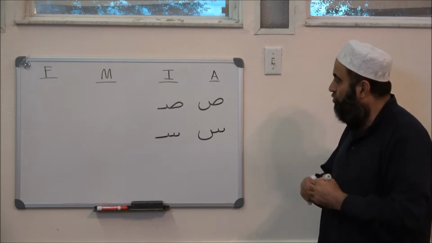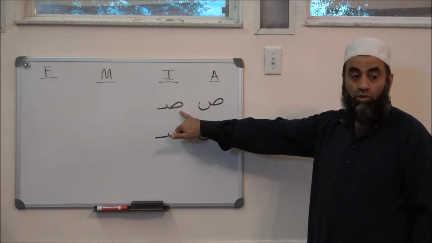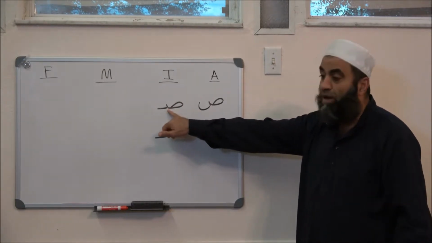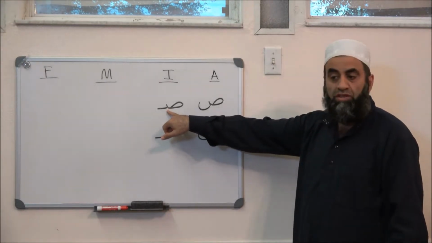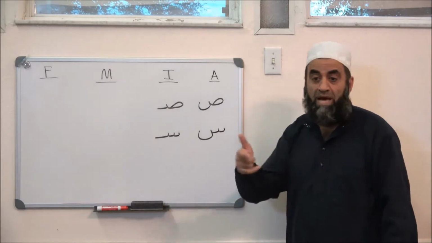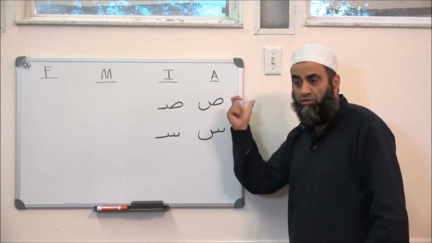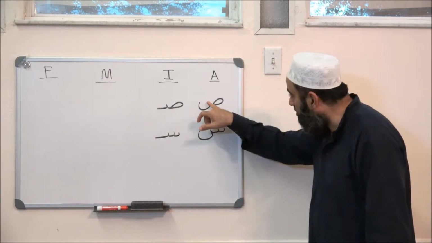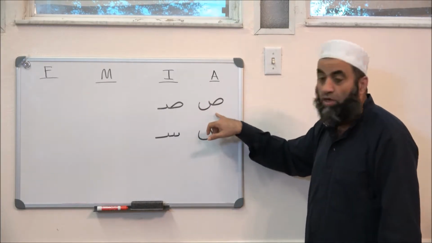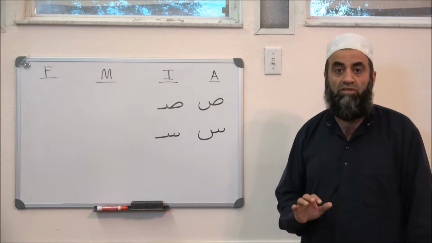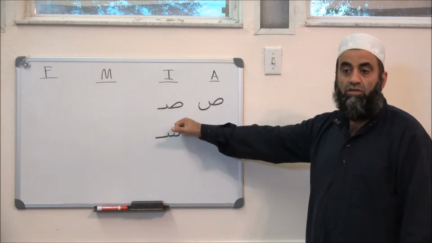So the Sad is always going to be a globe followed by a tooth. This is very, very important. This tooth is not another letter just like ba, ta, or tha. No, this is part of the Sad, and it comes from this round part, which is part of the letter. Am I making sense to everyone, inshallah? Yes. So this is Sad.